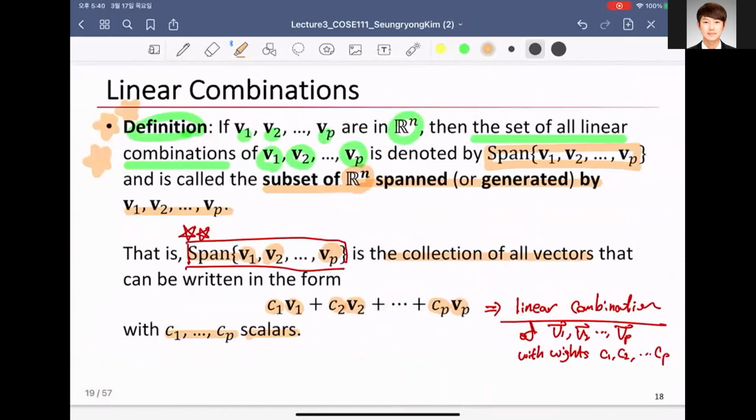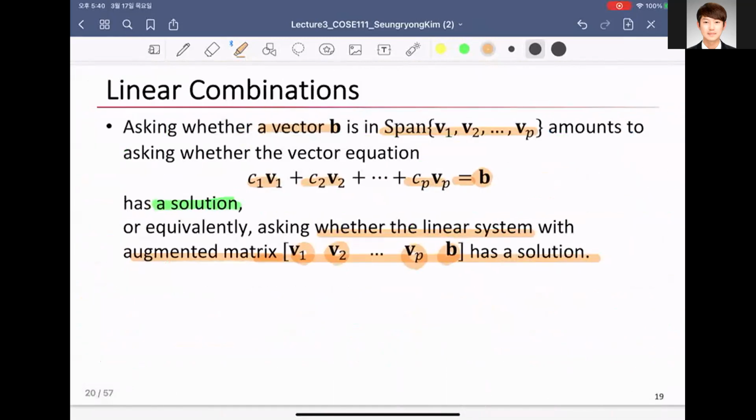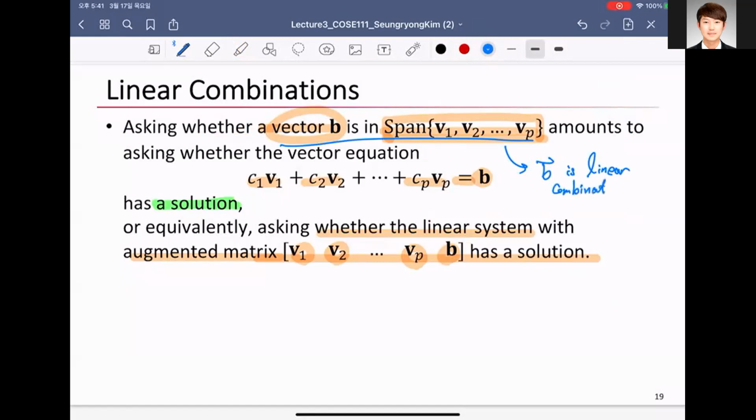In other words, from now on, we can say that span means a linear combination, right? So in other words, vector b is in span of v1 and v2 and vp, which means b is linear combination of v1, vp, looks like this.